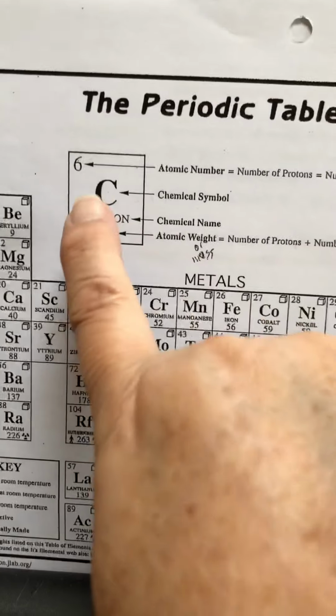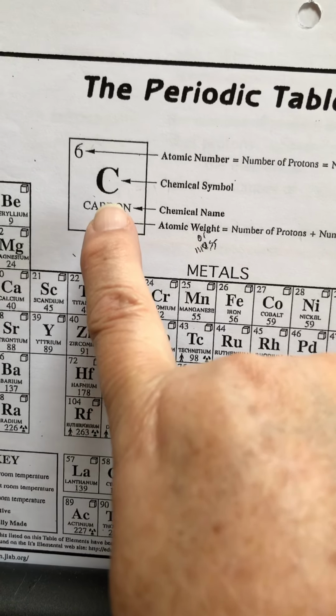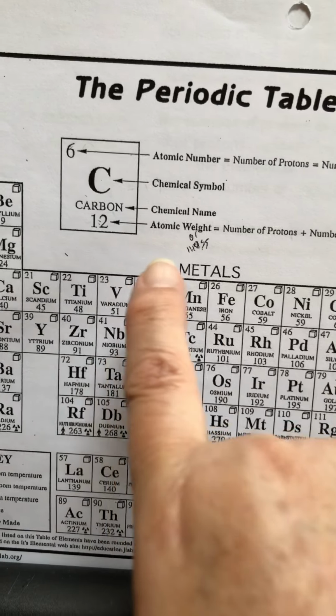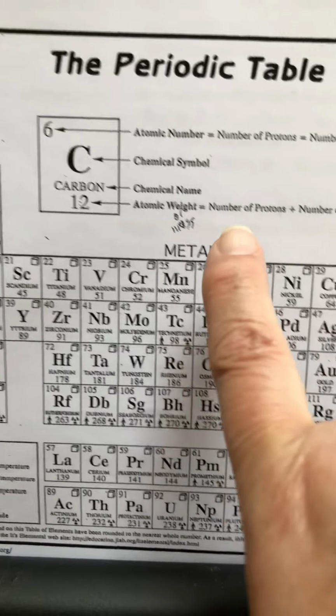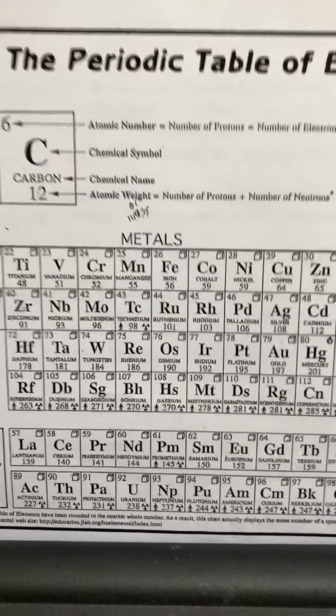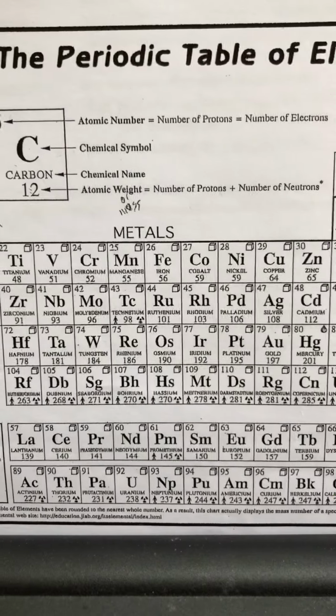Okay, so on this periodic table, the symbol is in the middle. The name of it is underneath the symbol, and then in the middle of the bottom is the atomic mass, which is the number of protons plus the number of neutrons. So again, you use this on a test.